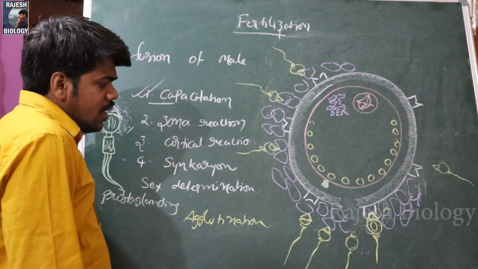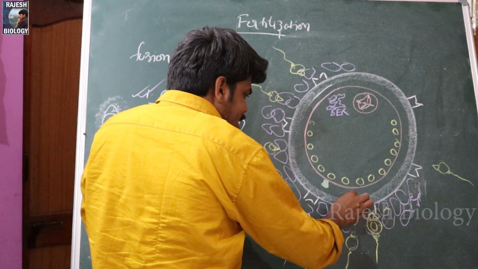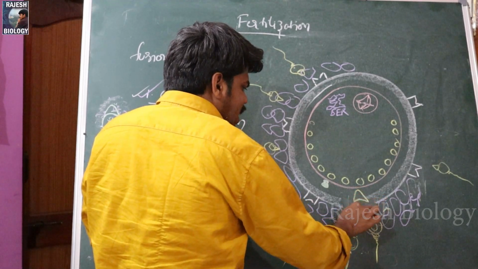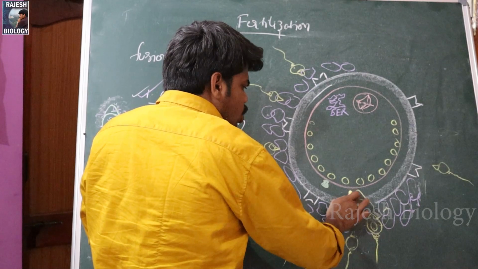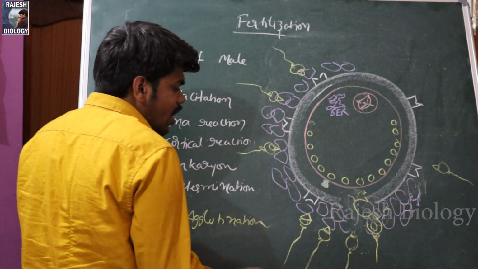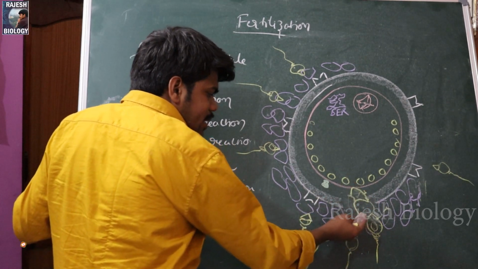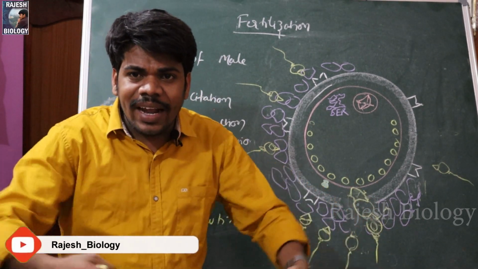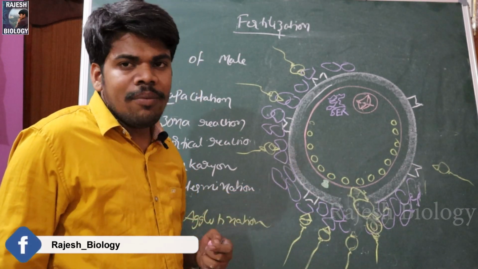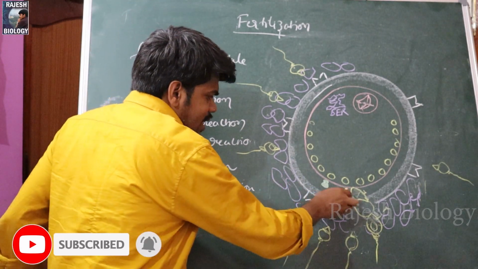At this time this sperm cell or another sperm cell can enter the perivitelline space once the zona is digested. Of course, much of the acrosome is already destroyed because it releases so many enzymes. The zona pellucida ruptures and allows the sperm cells to enter the perivitelline space and touch this membrane.